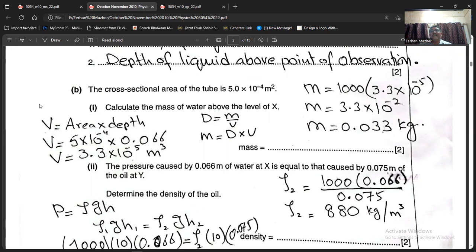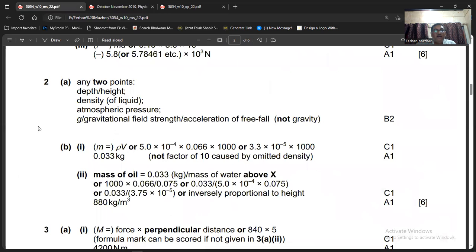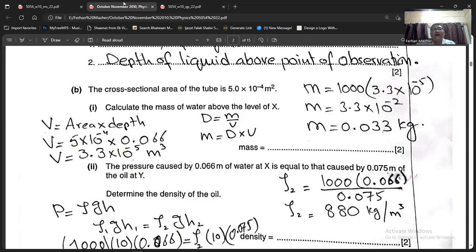So the mass will be density multiplied by volume. We know the density of the water, that is 1000 kg per meter cube. So 1000 multiplied by 3.3 × 10^-5, you get 3.3 × 10^-2, and that will be 0.033 kg. So that is the mass of the water. Mass of the water will be 0.033 kg. So our answer is right.